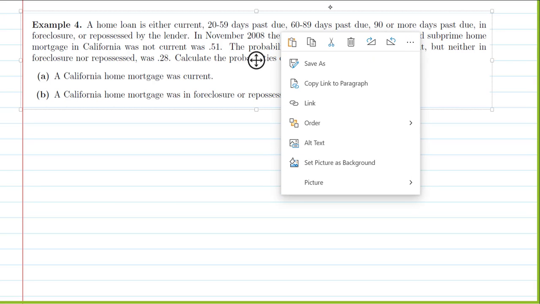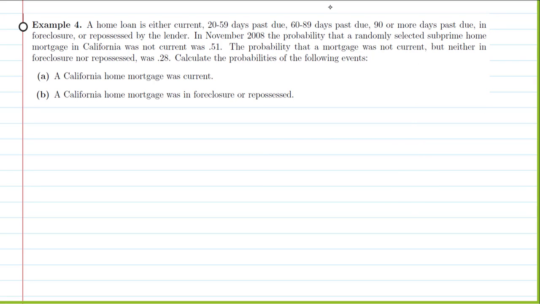A home loan is either current, 20 to 59 days past due, 60 to 89 days past due, 90 days or more past due, in foreclosure, or repossessed by the lender.